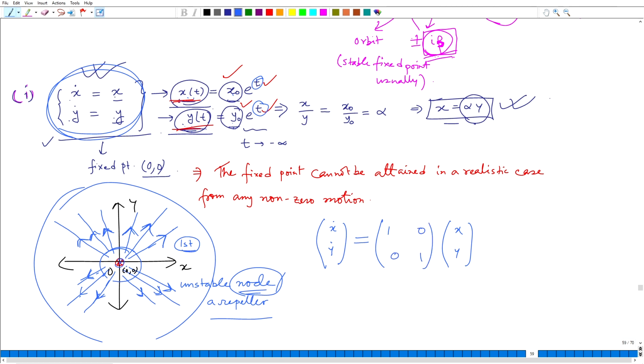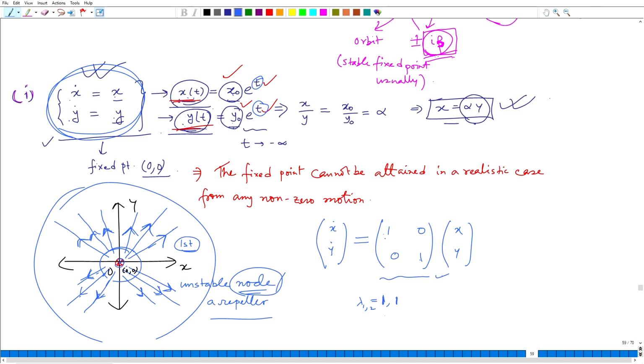This is simply the unit matrix of order 2. So, this is already diagonalized and both of the eigenvalues are simply 1 and 1. So, lambda 1, 2 are simply 1 and 1.